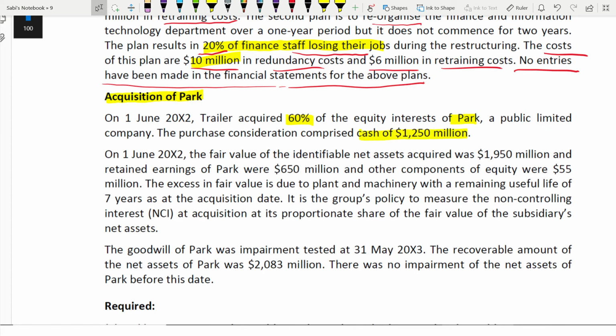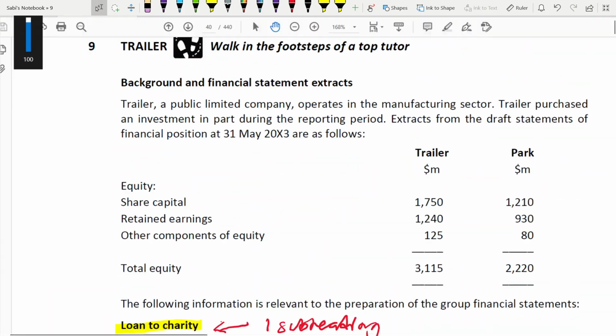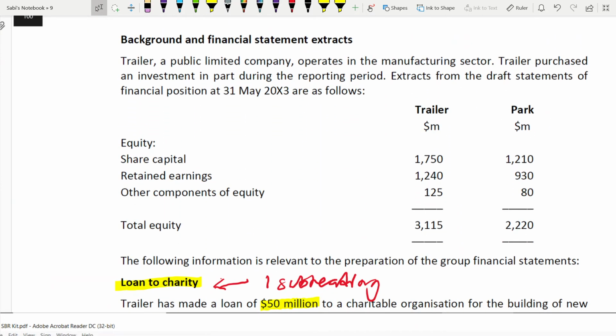Definitely they will give you how much they purchased it for. The fair value of net assets also, they will give you. And retained earnings of Park is 6. This is for the subsidiary, they are giving you the retained earnings. And other components of equity 55 million, not for the parent. For the parent we have the financial statement given here.